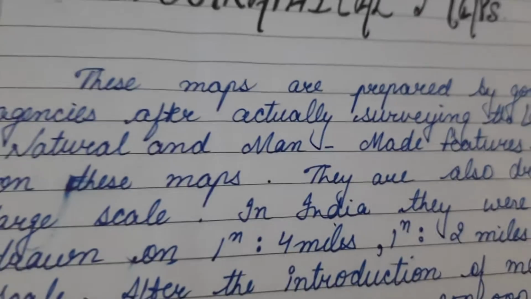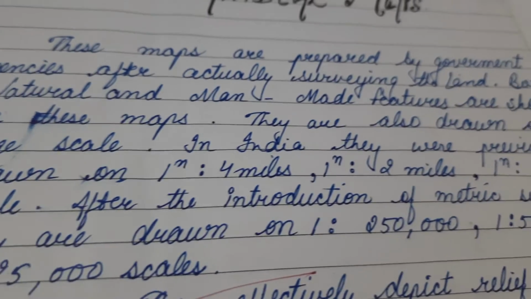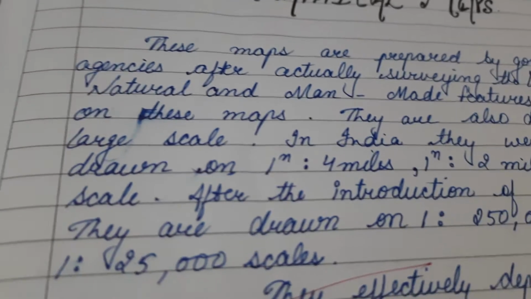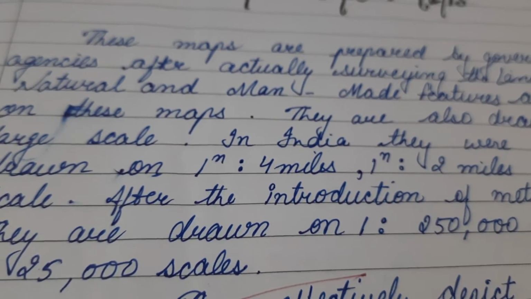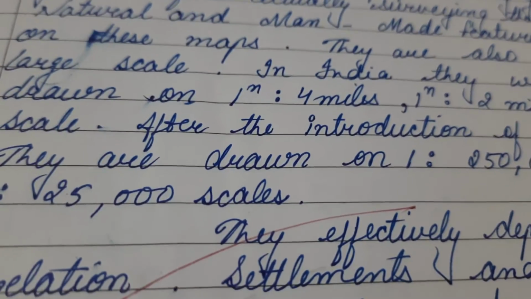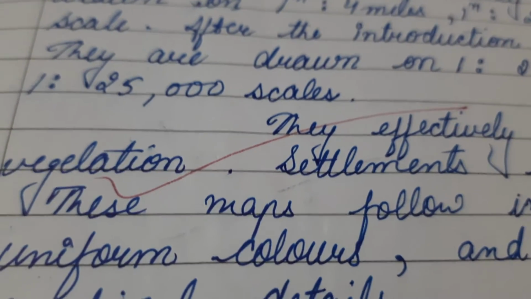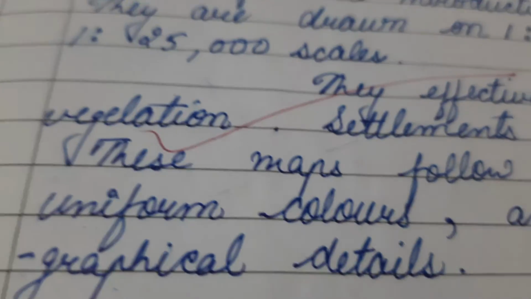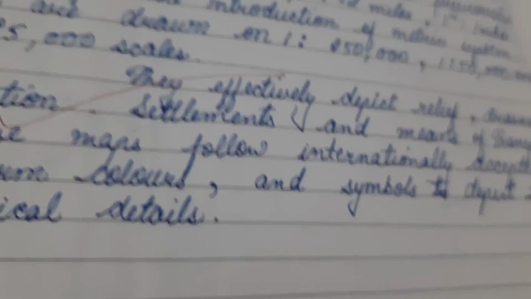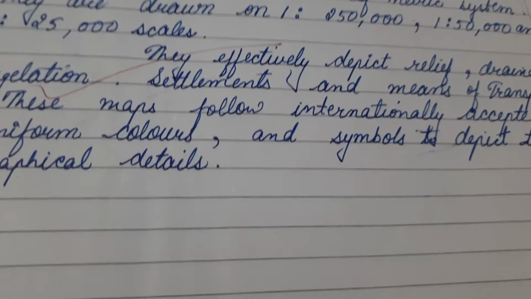Then the second type is topographical maps. These maps are prepared by government agencies after actually surveying the land. Both natural and man-made features are shown on the map. These are also drawn on a large scale, like 1:250,000.